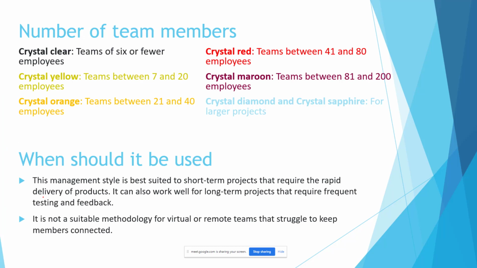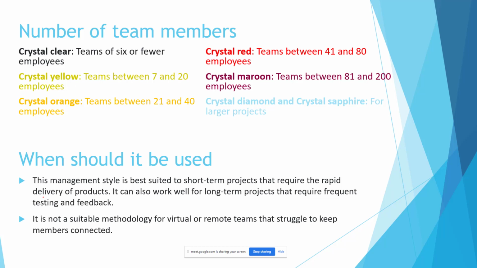Regarding the number of team members, in Crystal there are different types of Crystal for the different numbers of team members that there might be. There's Crystal Clear. These are for teams of 6 or fewer members.